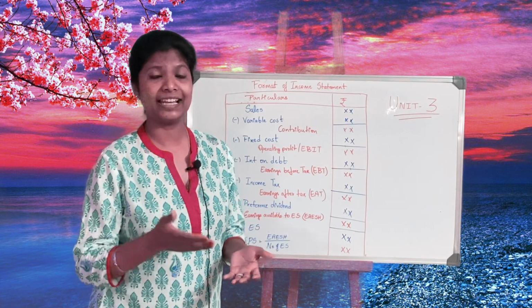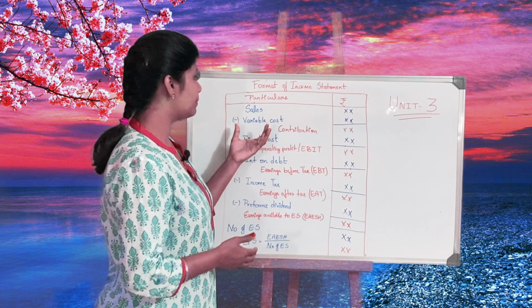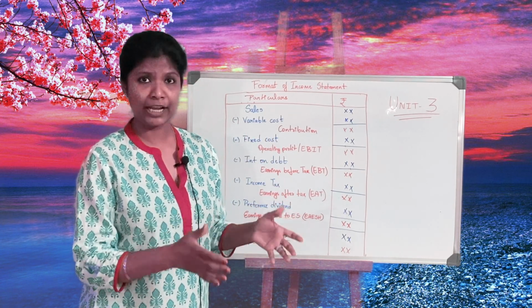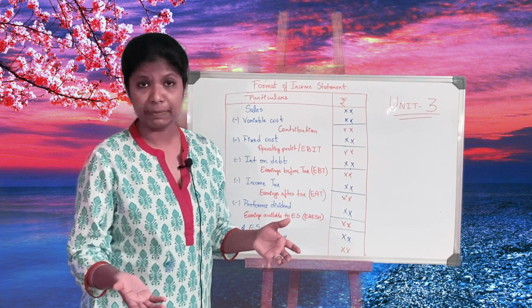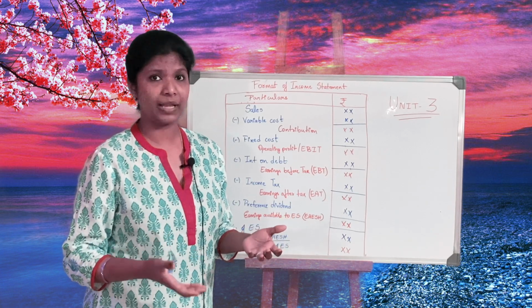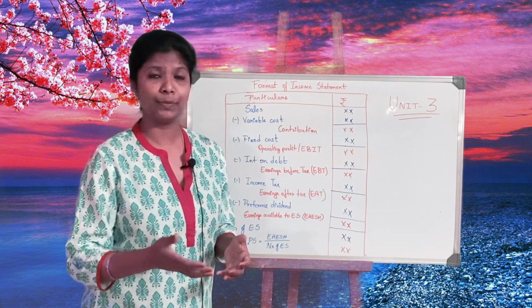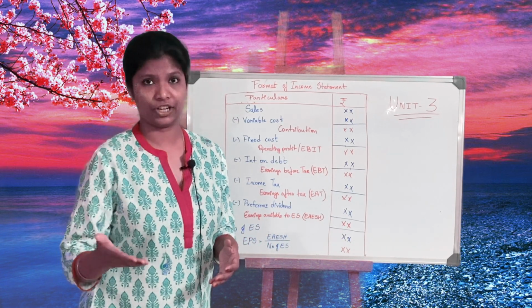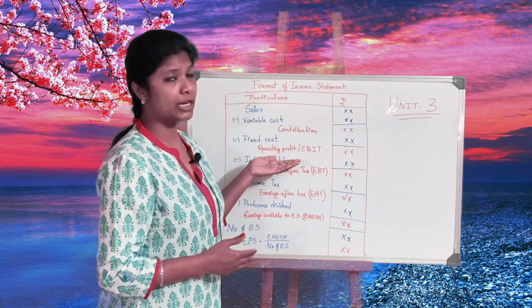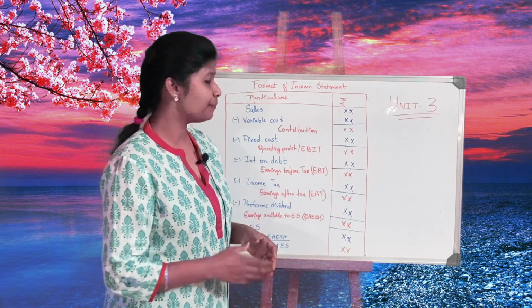It is a fixed payment. Variable cost is, for example, your labor cost. When you're producing 10 units, you need maybe just 5 laborers. When you're producing 100 units, the amount spent on paying wages will increase. So that is called variable cost. Sales minus variable cost, you arrive at contribution.